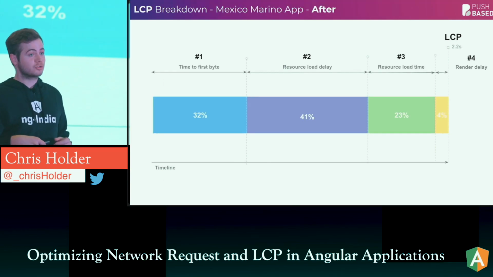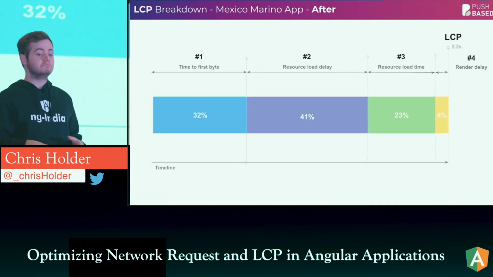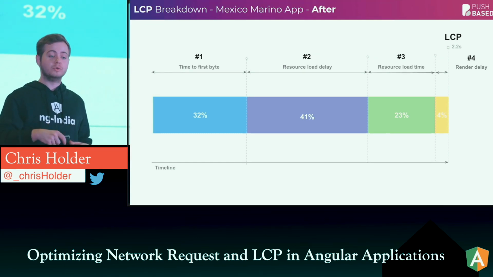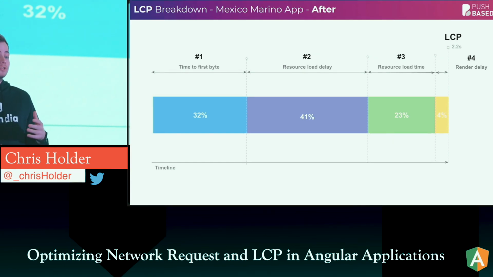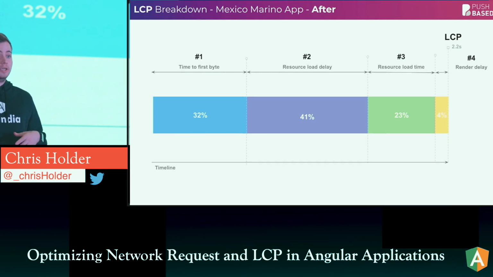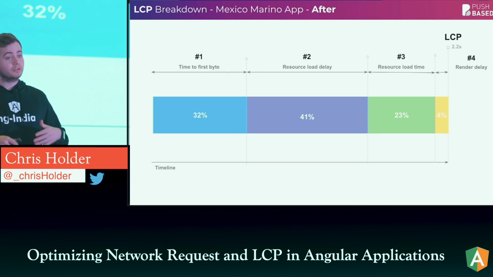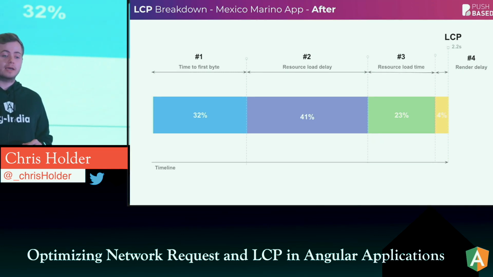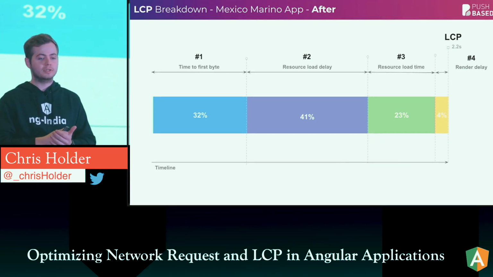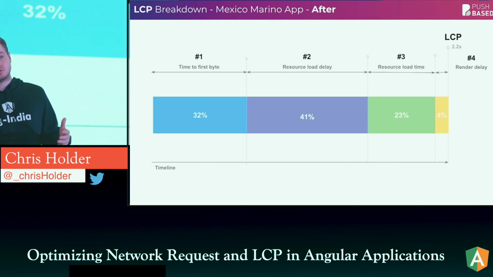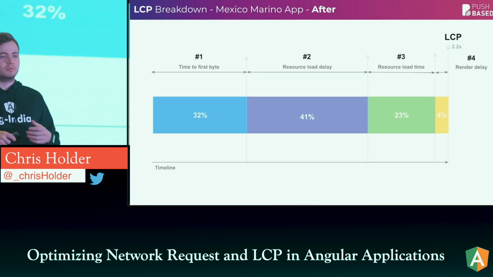Now we've changed numbers considerably. Instead of it taking 60% of the time inside of resource load delay, it only takes 41% of the time. The index.html and the time to first byte all of a sudden is considerably more, and the resource load delay, the load time has also increased percentage-wise because it takes so much less time.